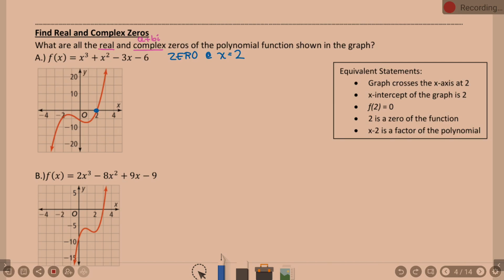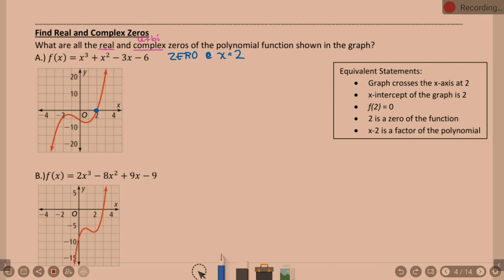Now, and I'm writing small because I have a lot of stuff to squeeze into this not big enough space here, just so you know. Okay, now, there's a zero at x equals 2. Think backwards for me. What would that have been as a factor in the equation? x minus 2, right? Does that make sense?